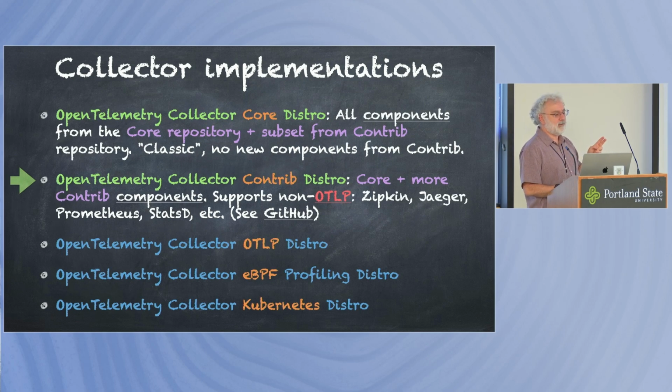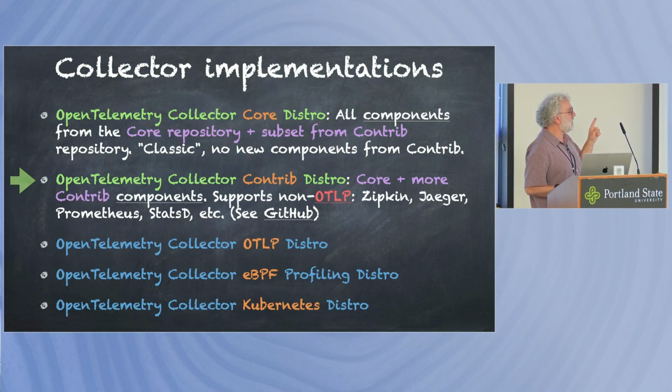So the two that you care about as a beginner: there's a core distribution, which is just the collector itself and a few of these receivers and exporters and processors that come out of what they call contrib. The contrib is a whole collection of repositories for these different software pieces.